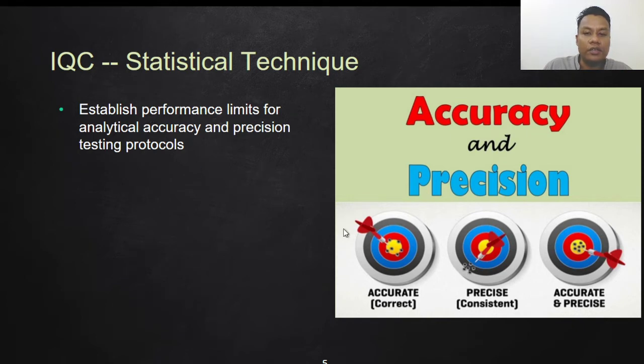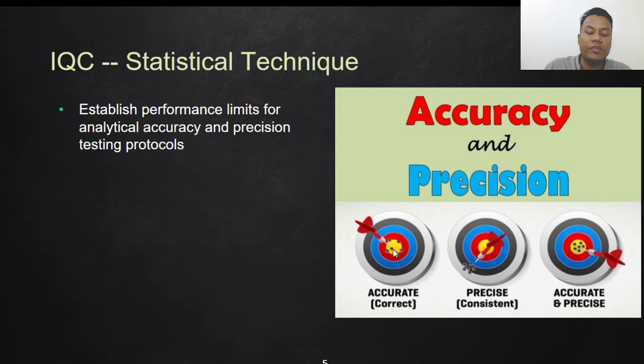Here is a simple explanation of what is accuracy and what is precision. Accuracy is the ability of the method or protocol to produce the true value. I mean the closeness of the procedure to the true value of the thing that we are testing.